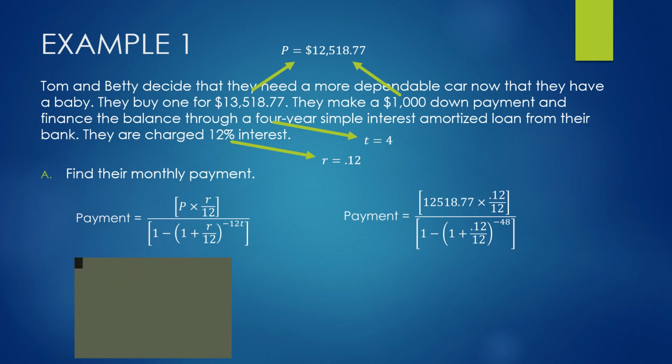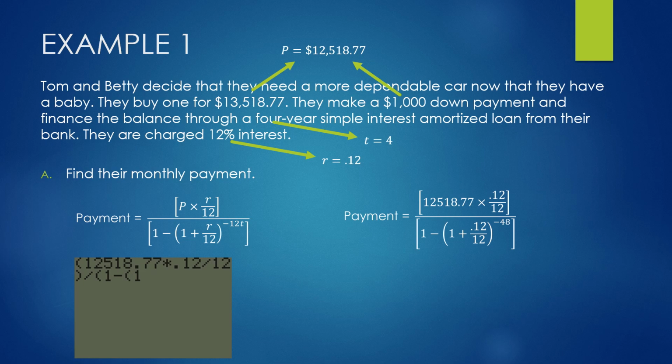We have parentheses around the numerator: 12,518.77 times 0.12 over 12, close the parentheses, divided by, open up another set of parentheses, 1 minus, and then we've got the extra set of parentheses inside.